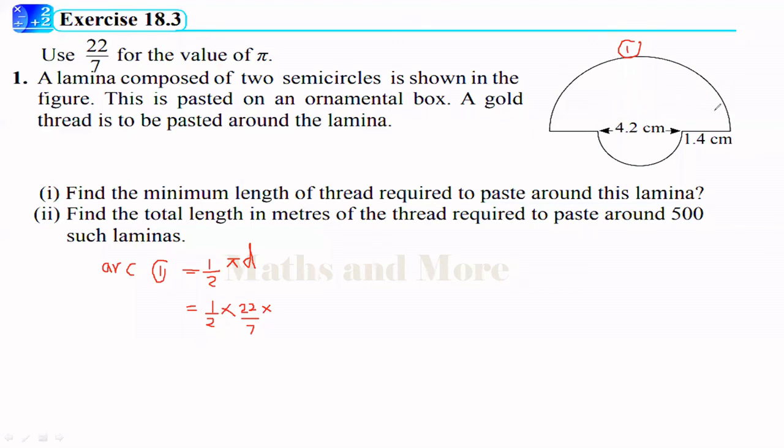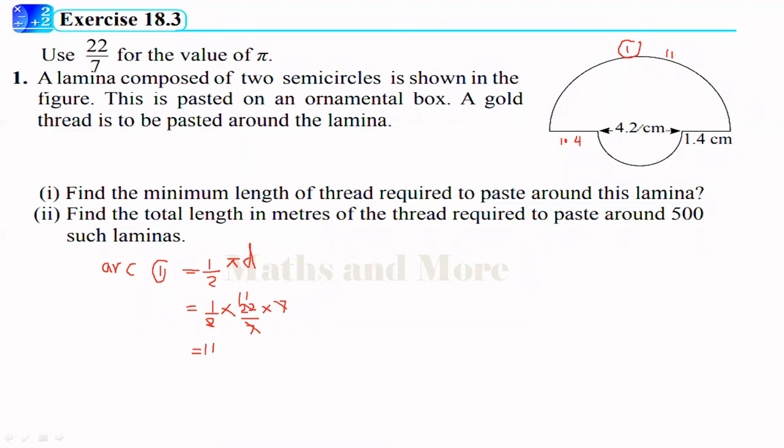Can you remember? Diameter was 7, when we add 1.4, 1.4 and 4.2. In the bigger semicircle, the diameter was 7. I directly substitute that, so cut this 7 with this 7. 2 into 1, 2 into 11. So the first arc is 11 centimeters. Arc 1 is 11.